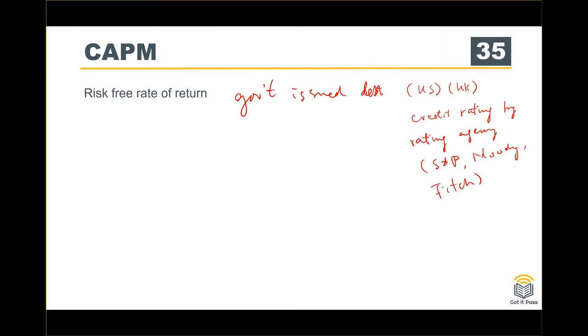They give very good ratings to some government-issued debt securities. So the risk level should be very low, or you can even assume they are risk-free. The return on those debt securities can be used as the risk-free rate.